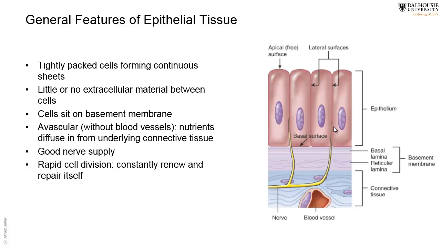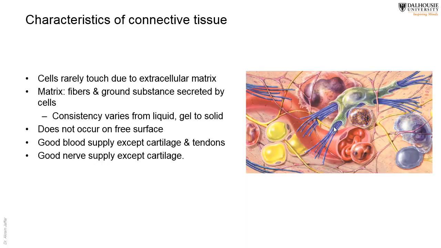The blood is present in the underlying connective tissue, and the nutrients diffuse through the connective tissue until they reach the epithelial tissue. But in the case of connective tissue, there is a good blood supply, except for cartilage and some of the tendons, and it also has good nerve supply, except in the cartilage.